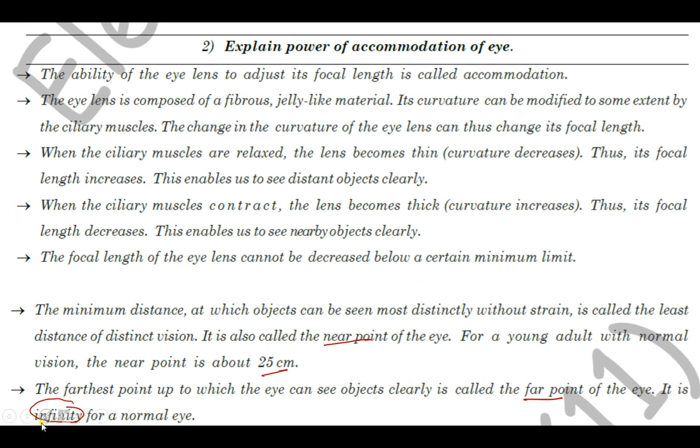So please pause the video and then write this answer down in your CW. So total there would be 3 answers in your CW. The first would be of eye, second would be of cataract, and third would be of power of accommodation, right? So please pause the video and write this much down in your CW.